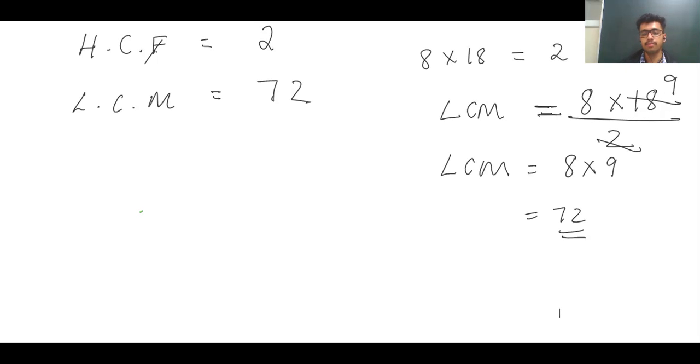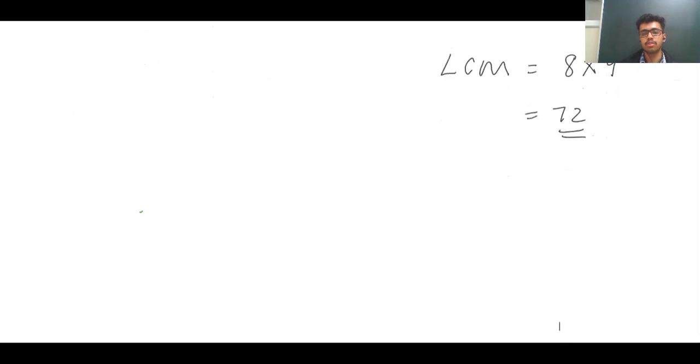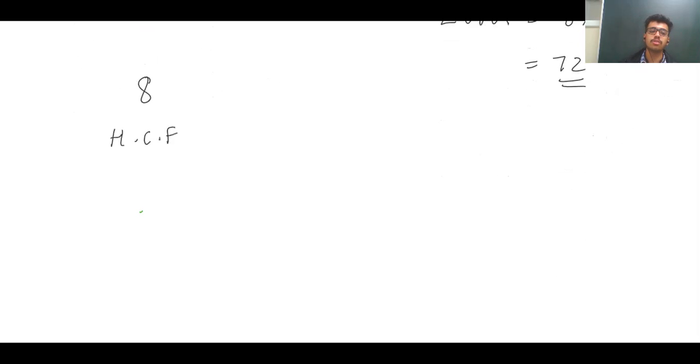But most of the time when they ask you to use this formula, they will give you one number. For example, they'll give you 8. They'll tell you that the HCF is 2 and LCM is 72, and they will ask you to find the other number.